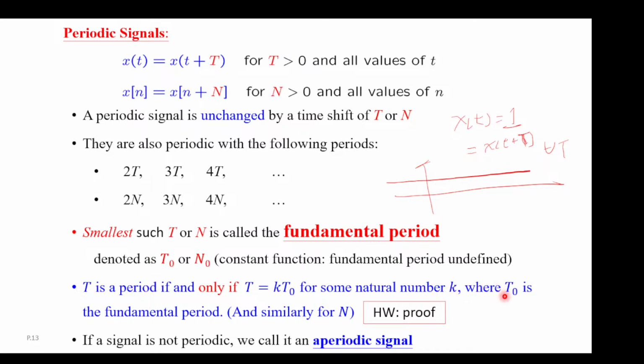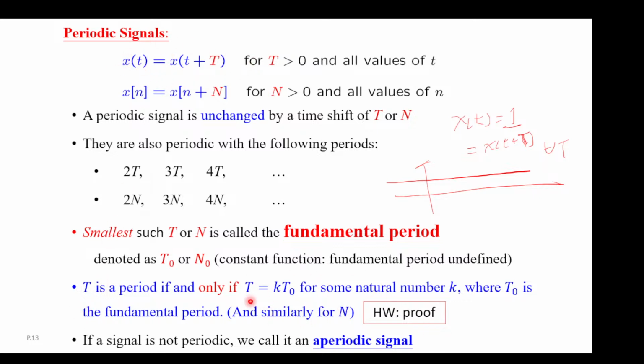And T0 is the fundamental period. I guess the "if" part is pretty easy. Because T0 is a period, any integer multiple of T0 will also make this equation satisfied.